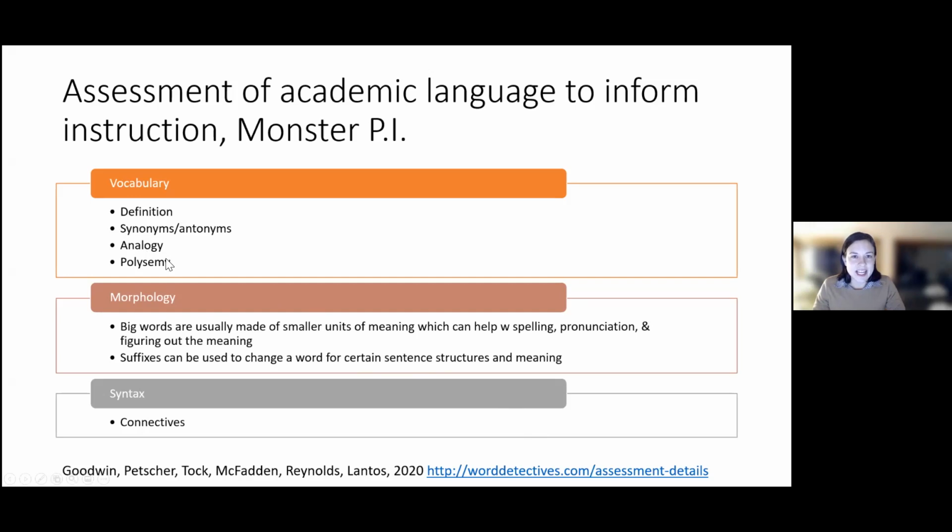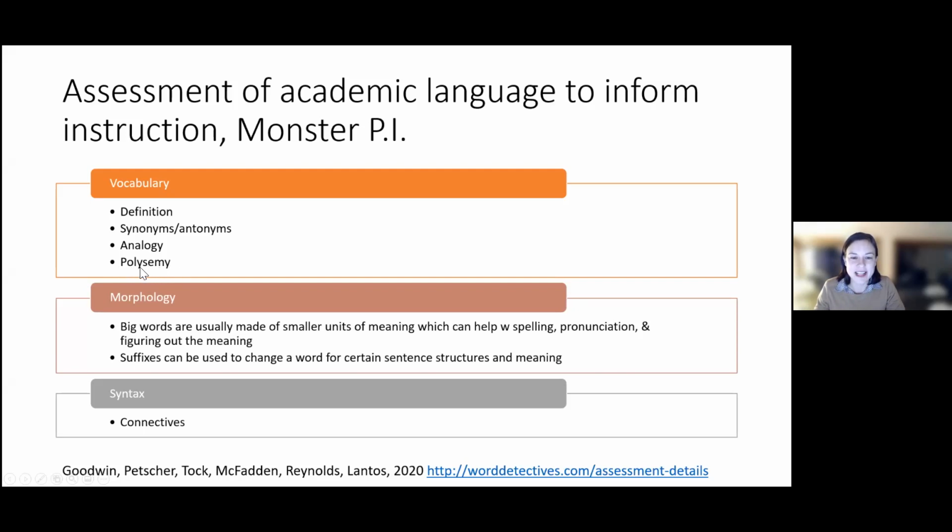Analogy, so understanding the types of categories that different words belong to. This also has been really helpful in assessment. And then also thinking about teaching students how words relate to each other by using analogy. And then polysemy, so here's another word that we should break down using our morphological skills. This has the word parts poly and semy in it.